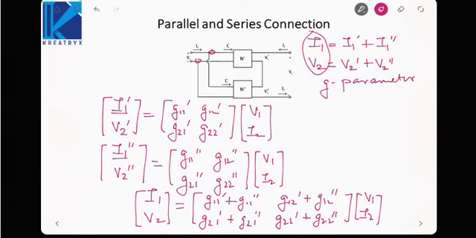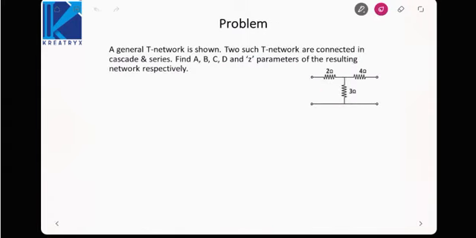Let me show you how to identify this by means of some examples. In our first example, it is saying we have been given a general T network. Now these two T networks are connected in cascade. First of all, we need to find the transmission and the Z parameters.